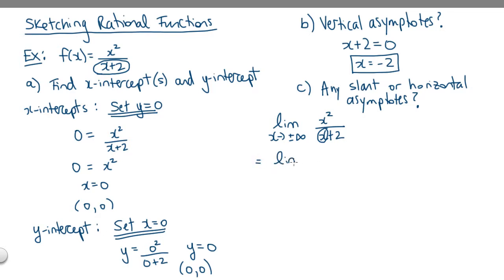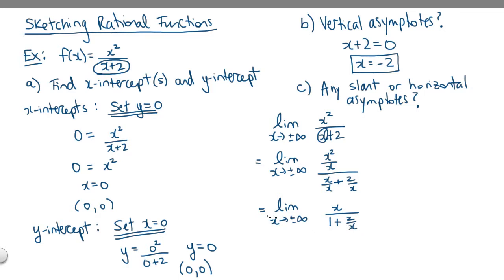So this is equal to the limit as x goes to plus or minus infinity of x squared over x, divided by x over x plus 2 over x. Now we can do a little bit more simplifying. We've got the limit as x goes to plus or minus infinity of x over 1 plus 2 over x. That is now as simplified as we can make it.